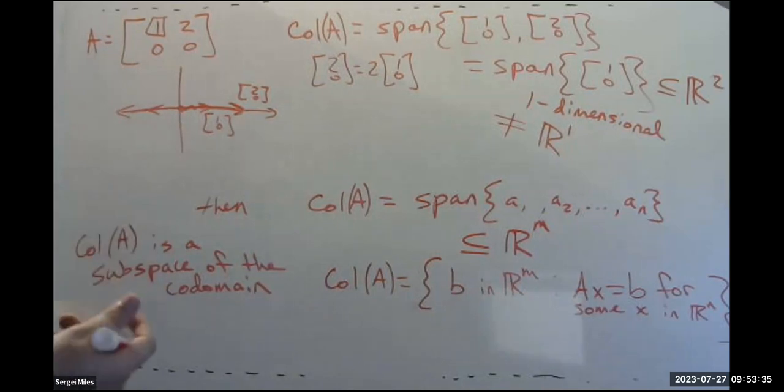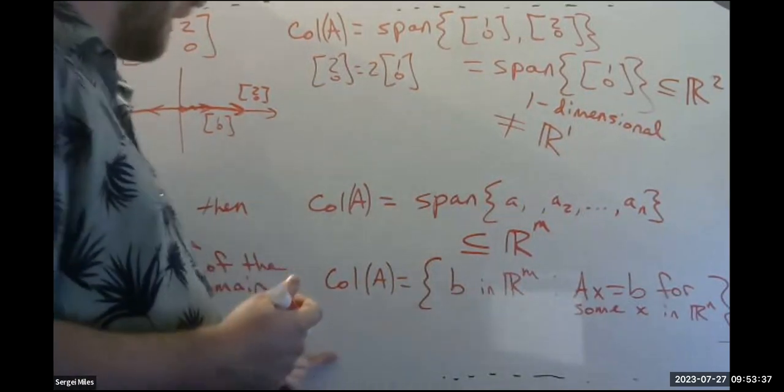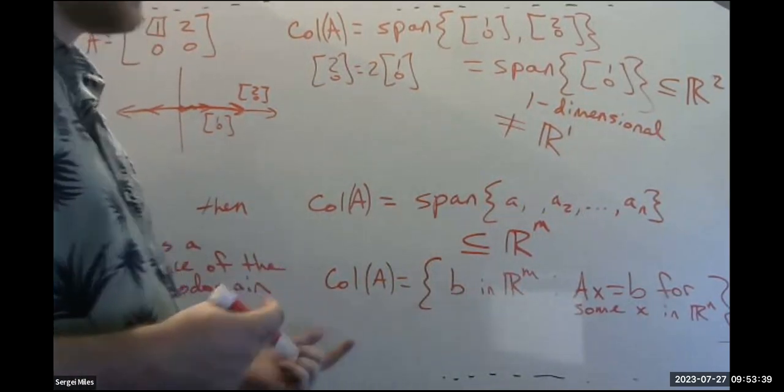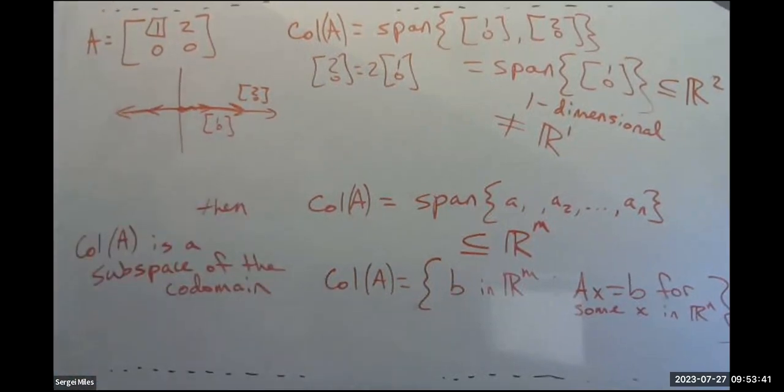Just like our earlier example, I erased it, but we had that H, which was the span of 2 vectors in R4. That was a two-dimensional subspace, but it does not equal R2. It is a plane like R2, but it was a plane that exists in R4, which says that it is not R2 at all, right?